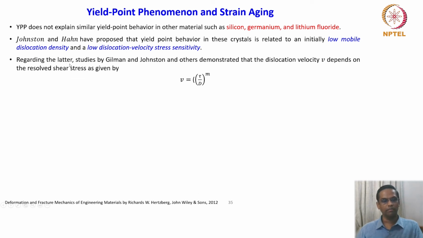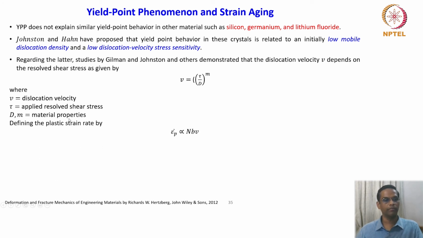Regarding the latter, studies by Gilman and Johnston and others demonstrated that the dislocation velocity v depends on the resolved shear stress as given by v = (τ/D)^m, where v is the dislocation velocity, τ is the applied resolved shear stress, and D and m are material properties.